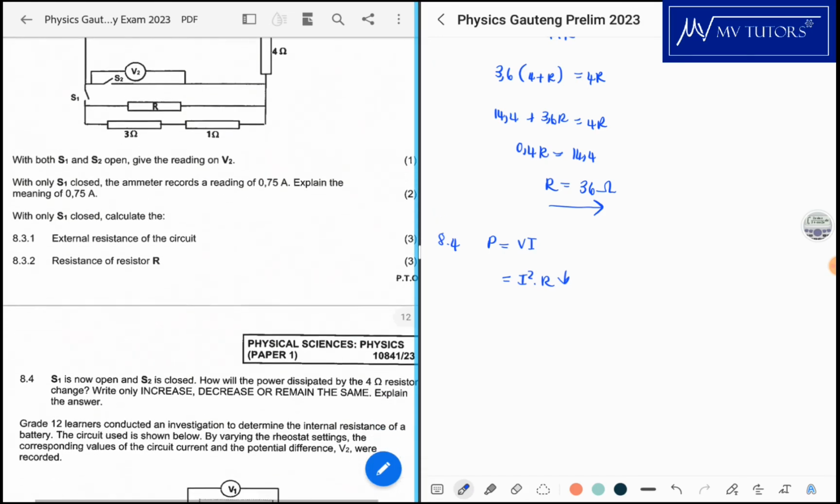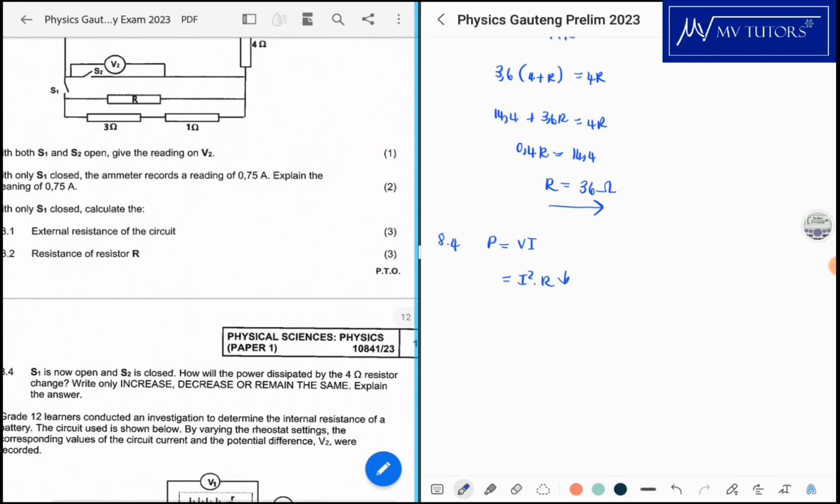Okay, so let's write this down. What will happen to the power dissipated by the 4 ohm resistor? Firstly, it will increase. Okay, and why is it increasing? It increases because we've recognized that our external resistance has decreased, right? And because it has decreased, our current then increases.